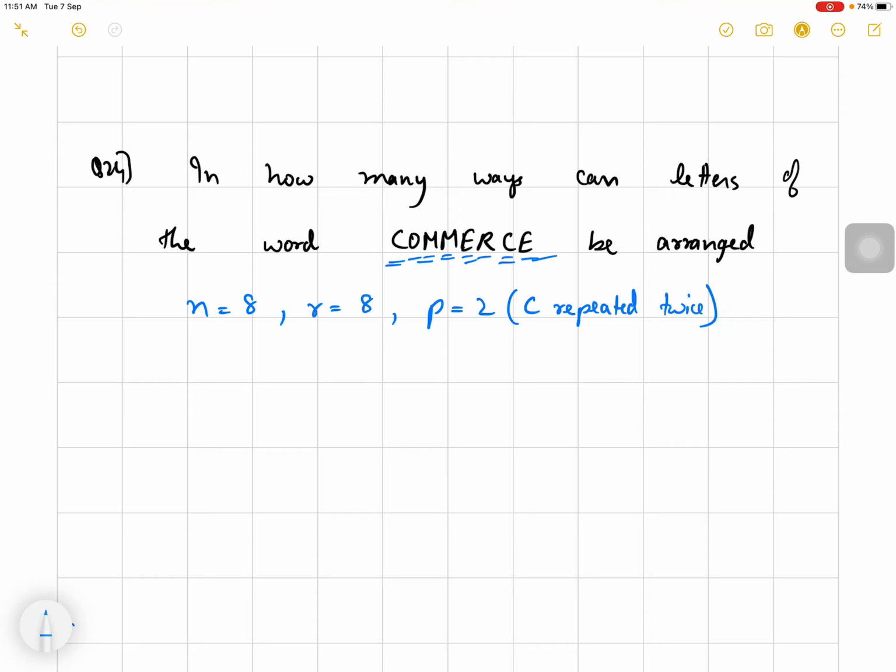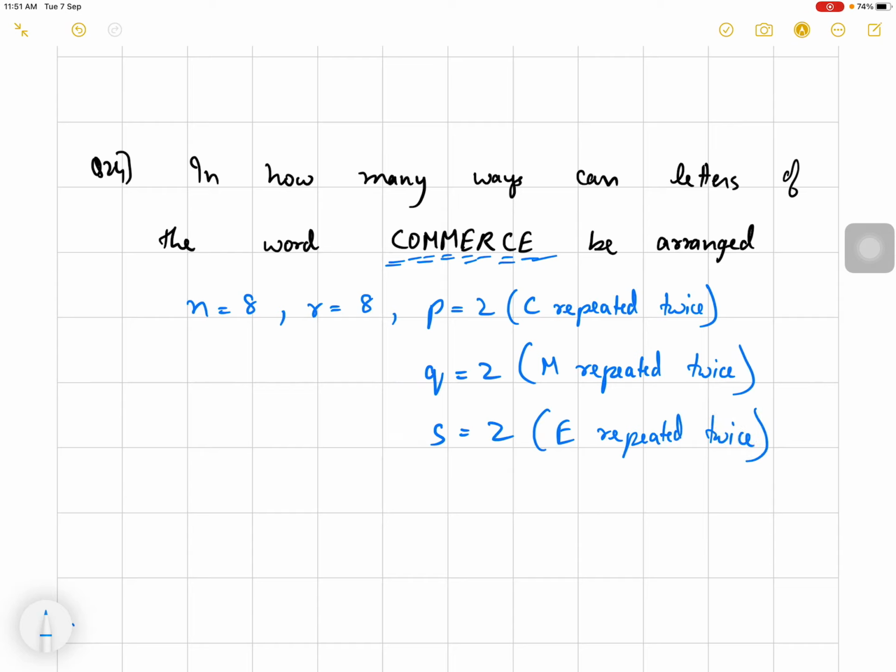Q is equal to 2, which is M repeated twice, and I will name it S. S is equal to 2, which is E repeated twice. So C, M and E are the repeated letters.